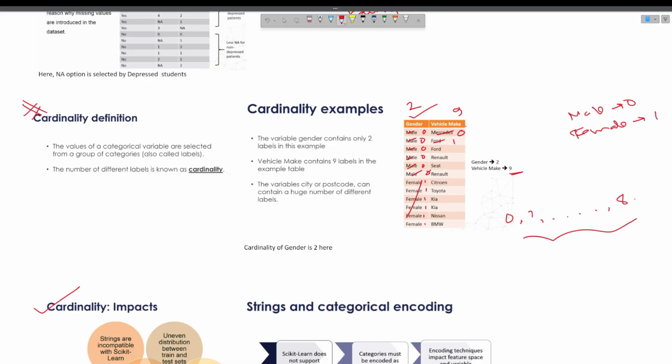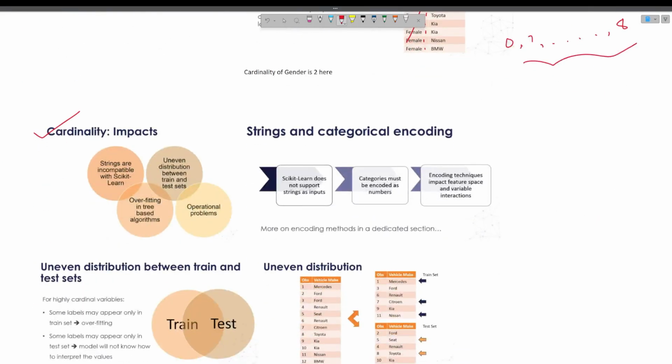If you want to work with scikit-learn, you have to convert to numbers or a different format. Also, uneven distribution between training and test sets can happen, and overfitting in tree-based algorithms. We will learn about both of these here.